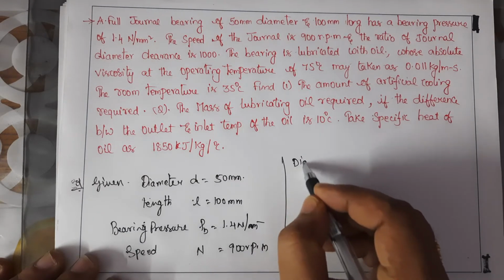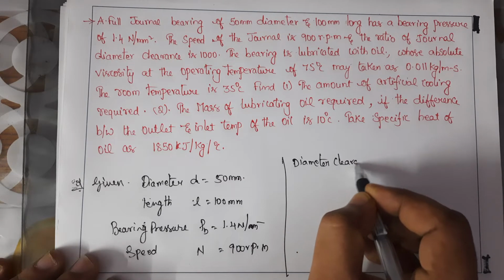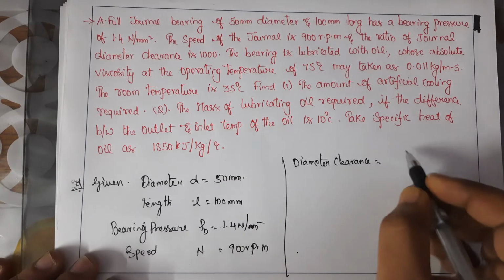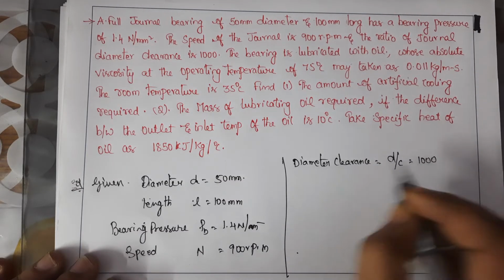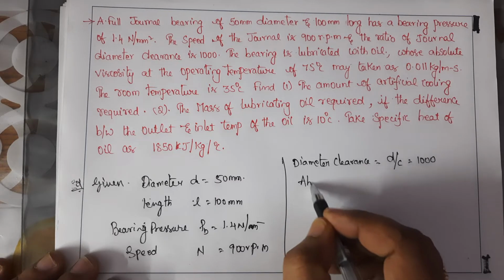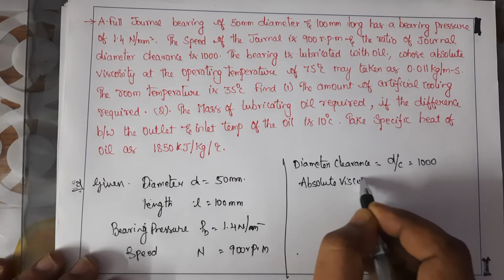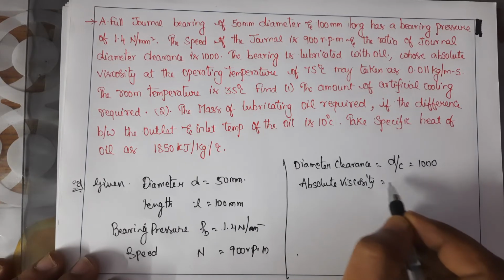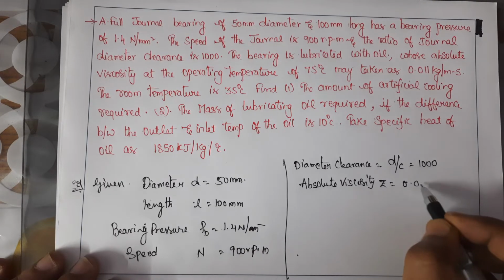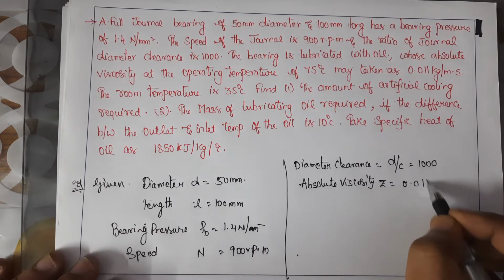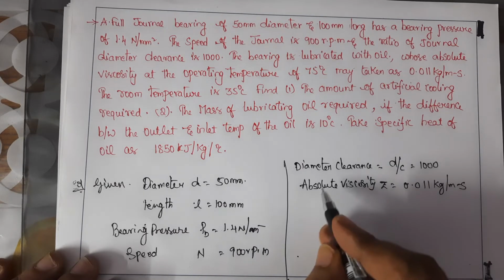Diametral clearance he has given, that is D by C, equal to 1000. Absolute viscosity, Z is equal to 0.011 kg per meter second.